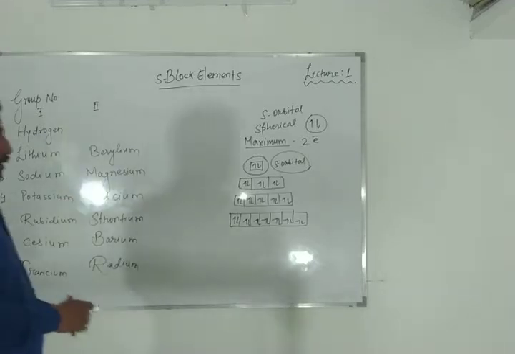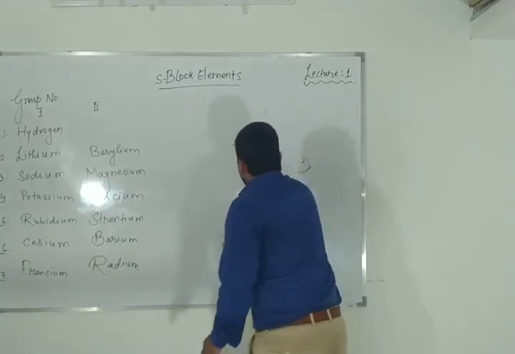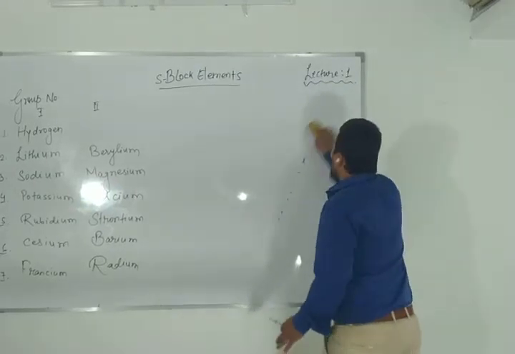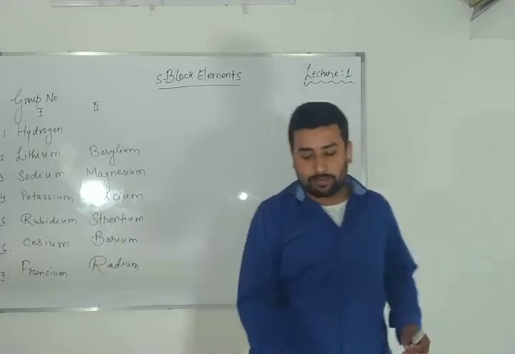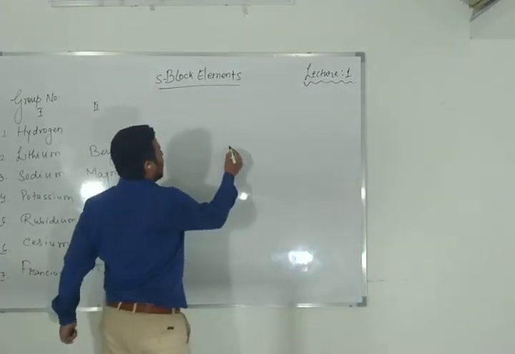So dear students, this anomalous property is present only between period number 2 and period number 3. Now you should remember the period number 2 elements and period number 3 elements.